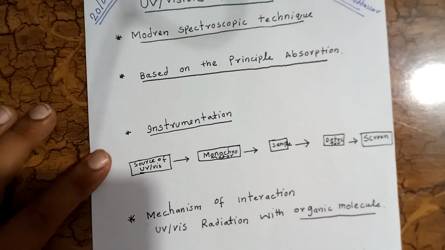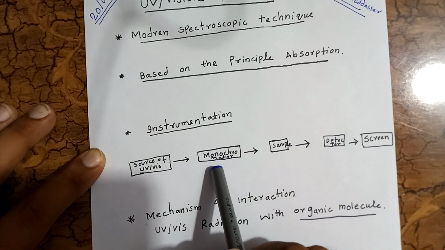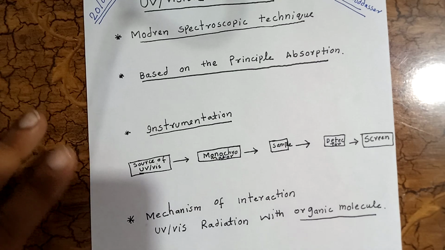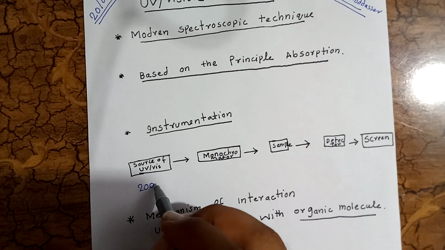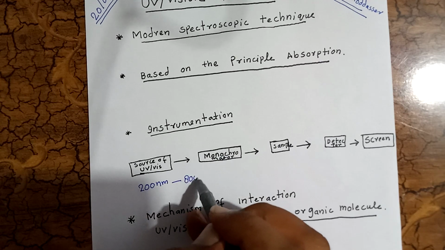Now come to the instrumentation. In instrumentation, we use a simple UV visible source of light. Then we need a monochromator. A monochromator is used to get a single wavelength of UV visible light, because the UV visible light range is from 200 nanometer to 800 nanometer.